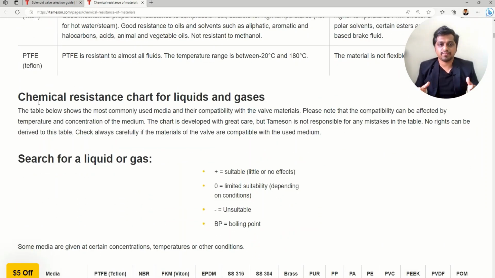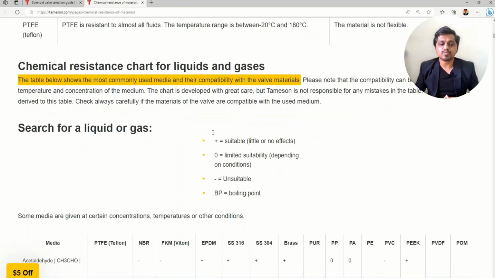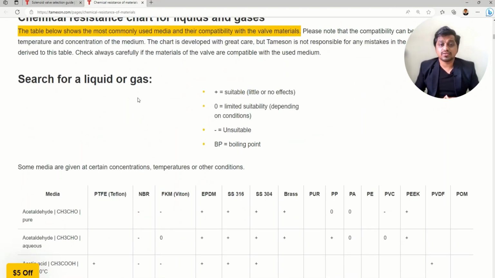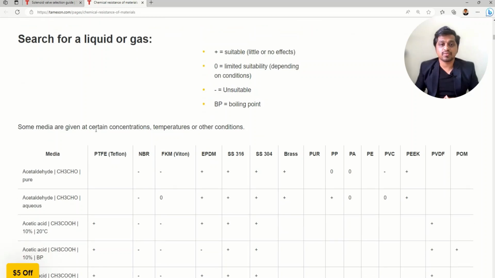Now we have a chart over here which will show the chemical resistance for some liquids and gases, right? Plus indicates suitability, 0 indicates limited suitability, and minus indicates unsuitable.